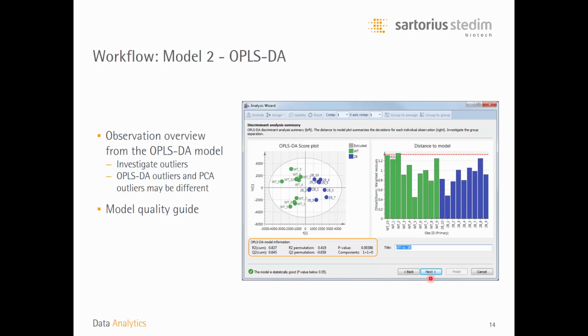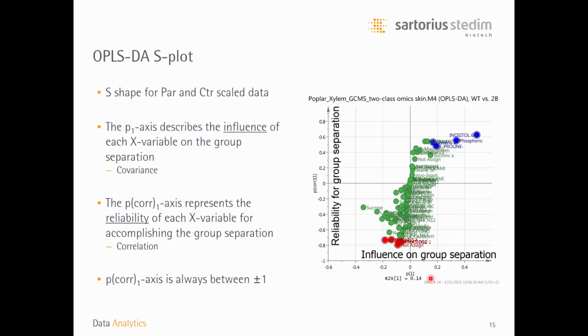We are temporarily now leaving the wizard just because I would like to provide some more detailed information about the S-plot, how to use it, what it represents, and how to interpret it. So the S-plot is given that name because very often when you're plotting the variables for an OPLS discriminant analysis model, they will pattern the letter S.